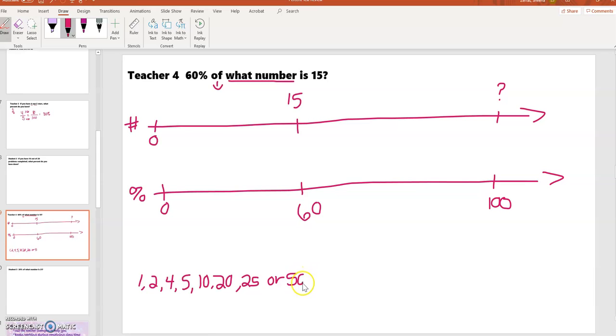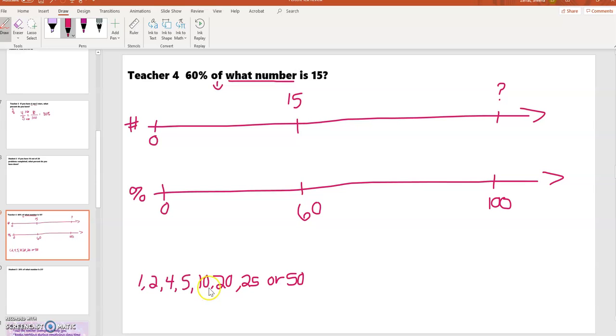These are the numbers that will count exactly up to 100%. In order for me to fill in this double number line, it needs to have an equivalent scale. At the moment, if I go from 0 to 60, that would be 60 spaces, and then 60 to 100 is 40. So we can't count by this scale.